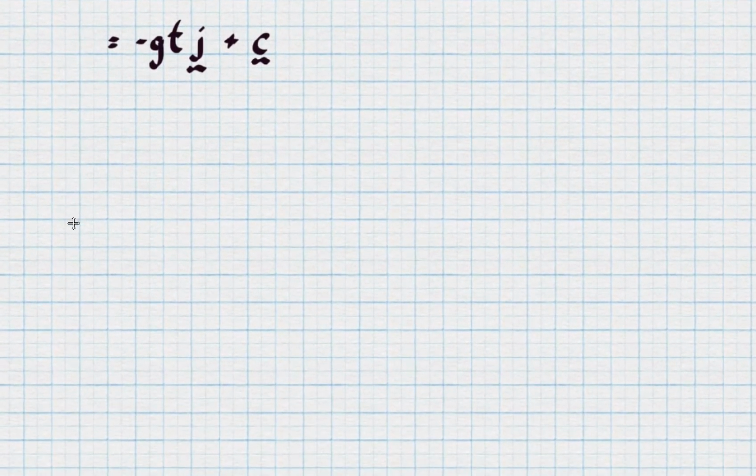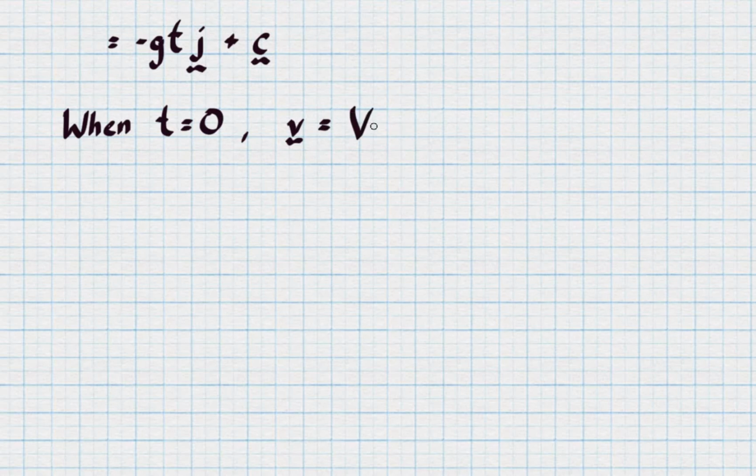And so let's think about the initial conditions for velocity. When t equals 0, the velocity vector, okay, this is what we just did, is equal to the initial speed v times cos theta, and that's in the horizontal direction, plus v sine theta in the vertical direction.